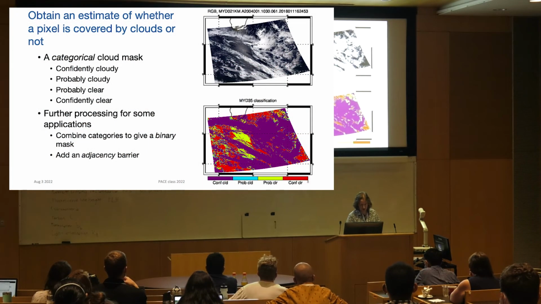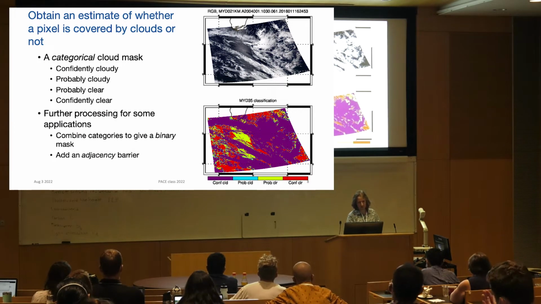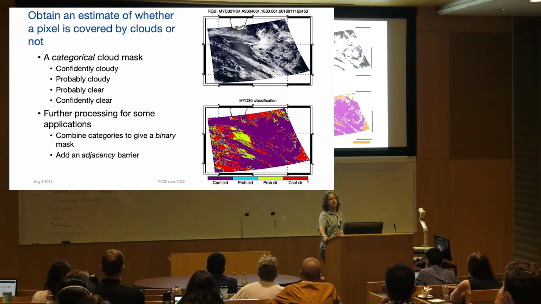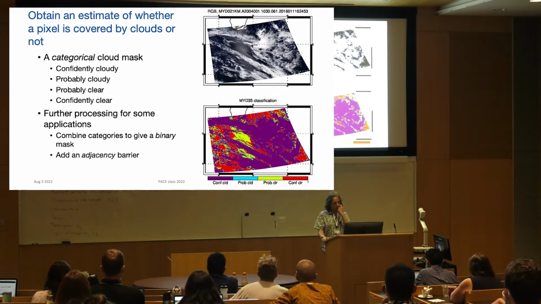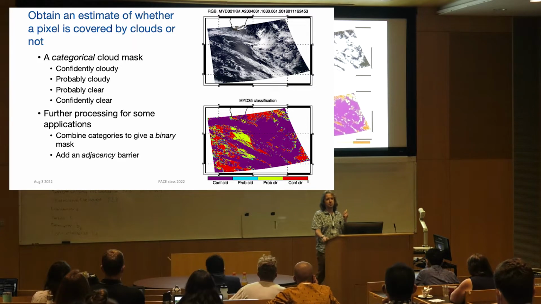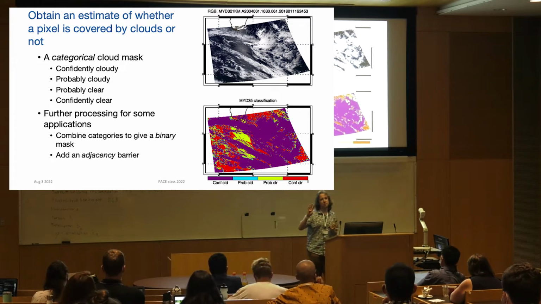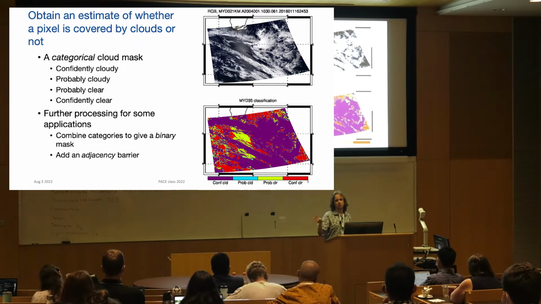So what we have is kind of a binary classification, but it's not really a binary classification. There are some probabilistic elements to it as well. What we get from the heritage MODIS and VIIRS products, like were shown on the last slide, is in fact a four-way category. They don't just say, is this a cloud or is this not a cloud?